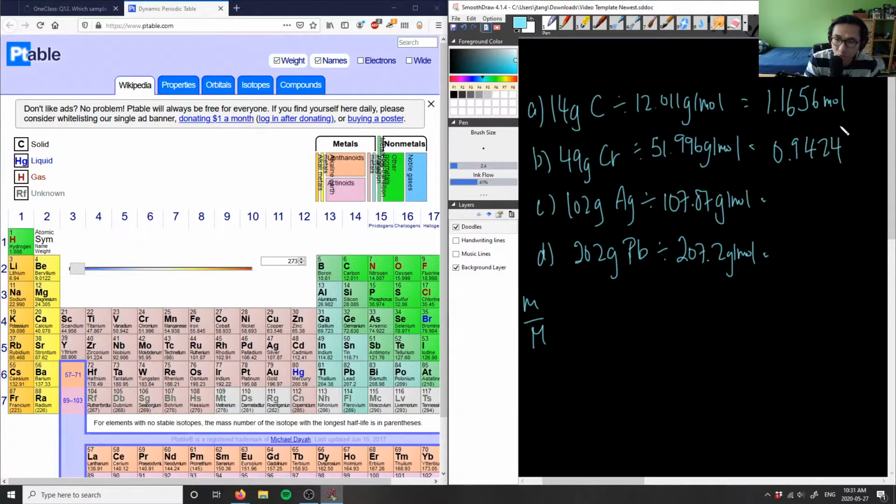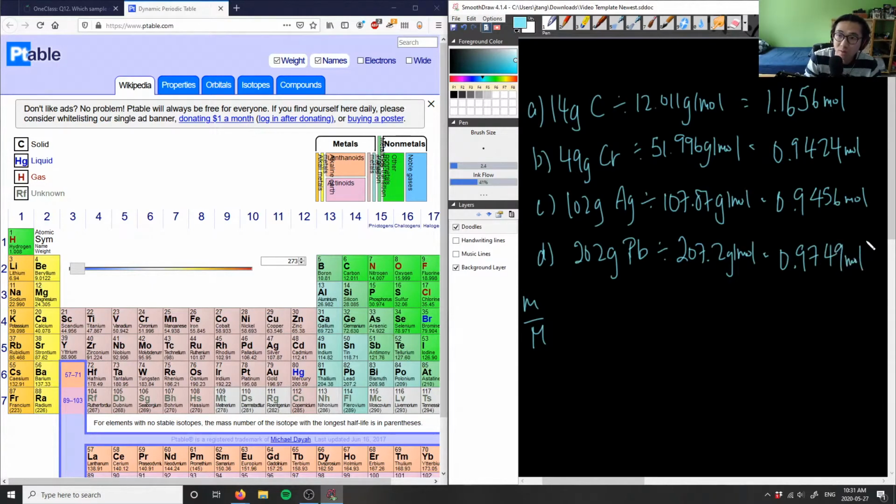I have 102 grams divided by 107.87. It's going to give us 0.9456. And then I have 202 divided by 207.2 here. It's going to be 0.9749 moles.